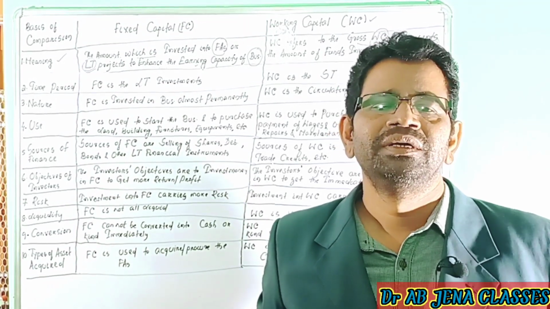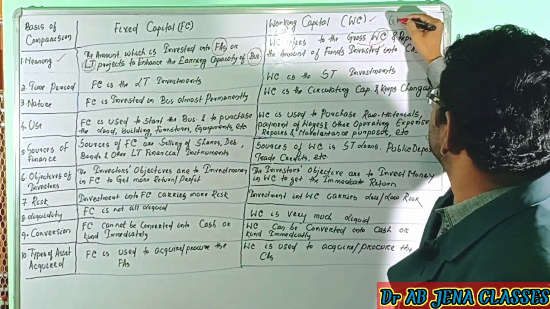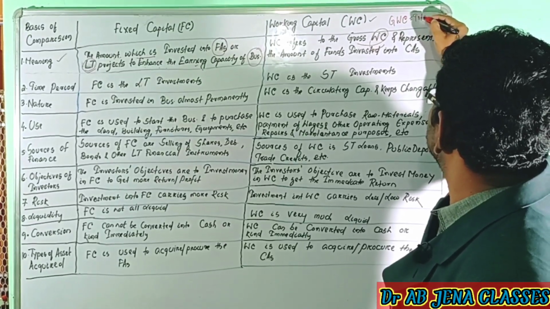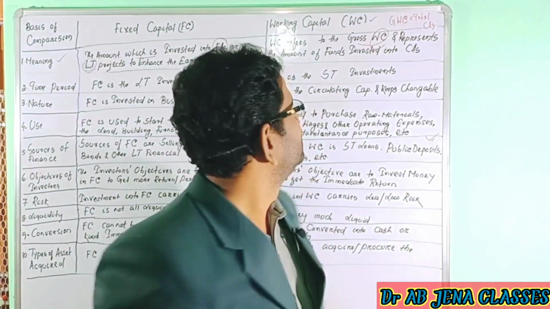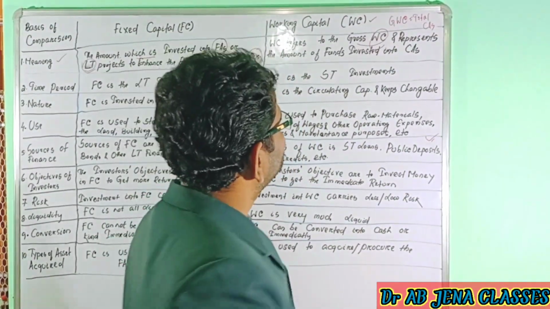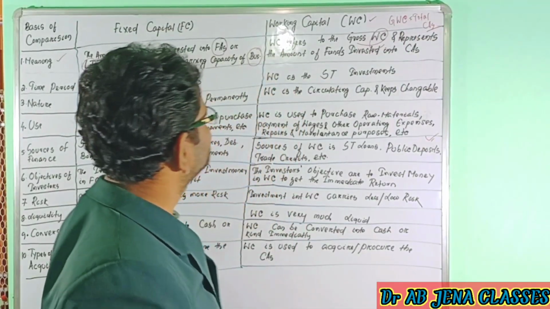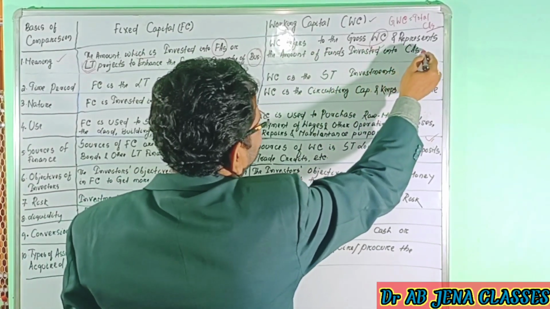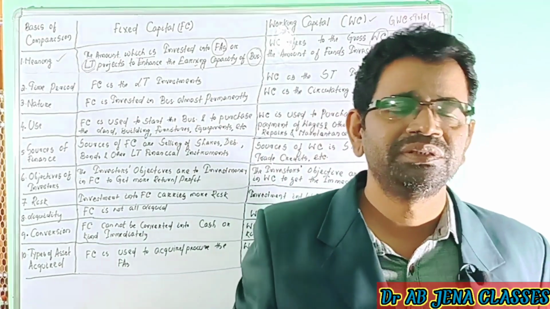In a mathematical equation, gross working capital equals total current assets. CA stands for current assets, which represents the amount of funds invested in current assets. I am hopeful, dear friends, you are clear.